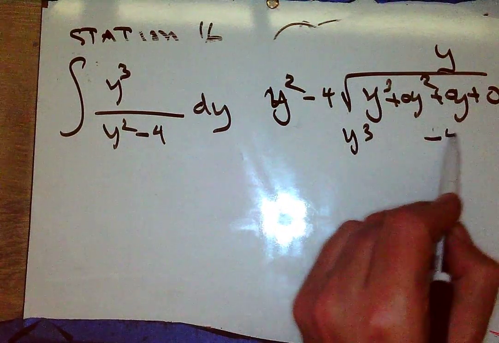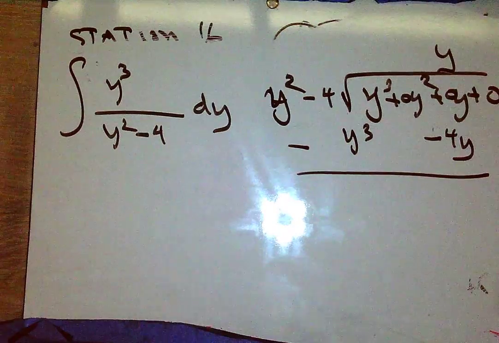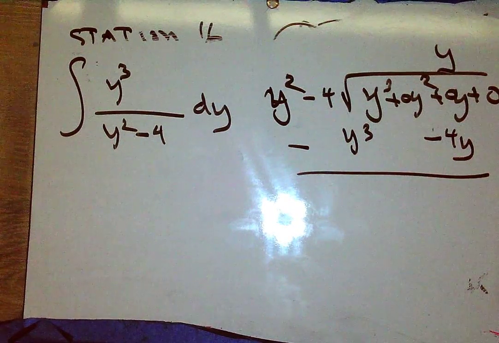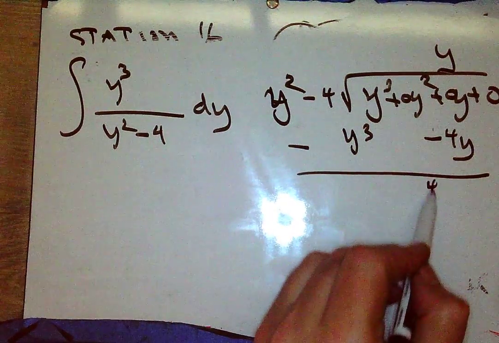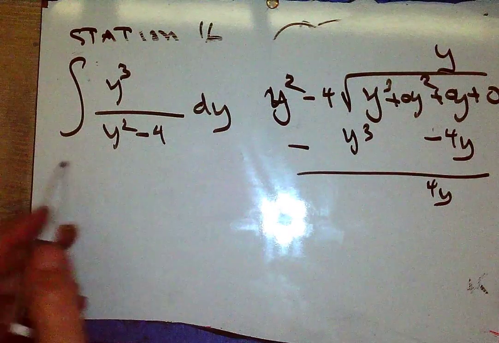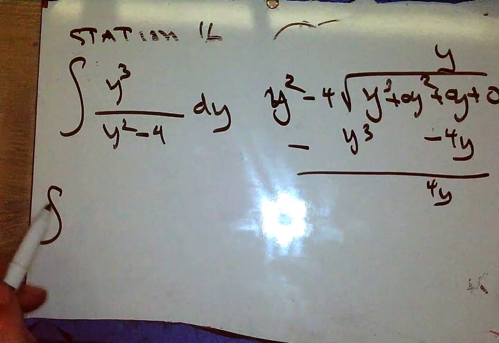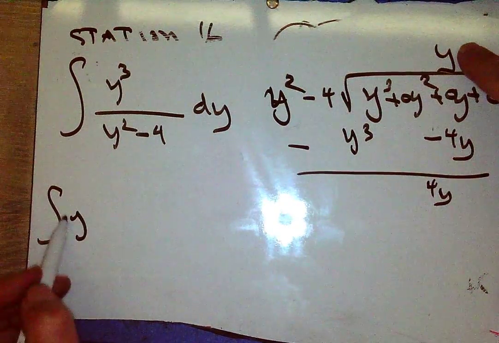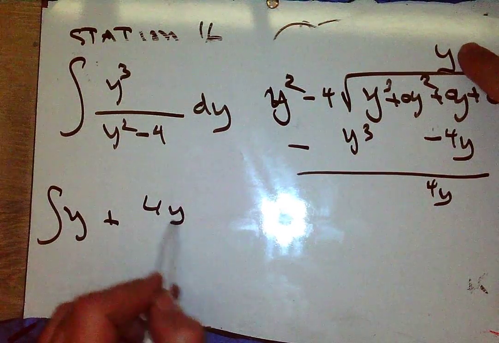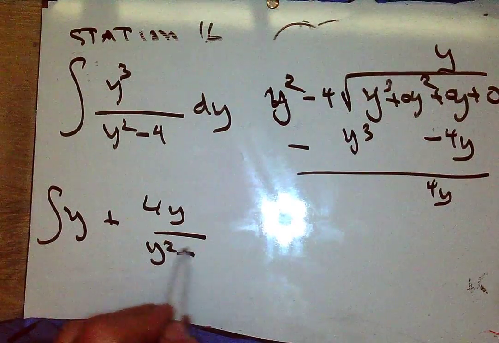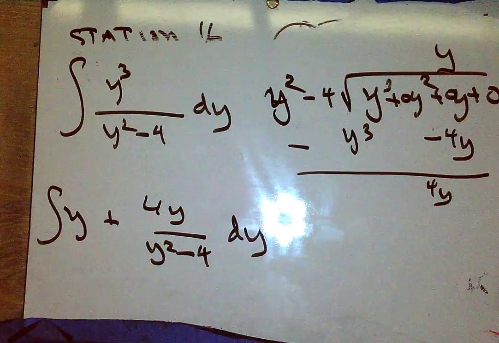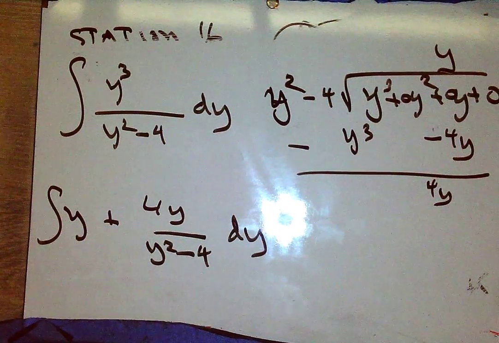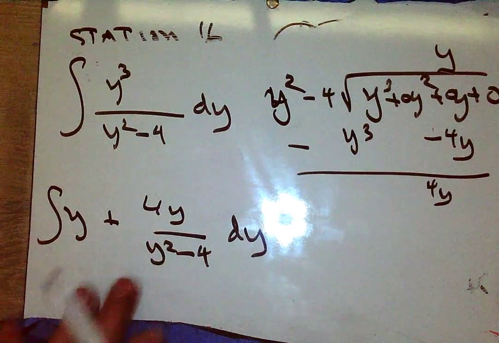Y to the third minus 4y and subtract. And so I get 4y as my remainder. So this thing that I couldn't integrate can become y plus 4y over y squared minus 4 dy. Well, that's great. I feel like I can handle both of those pieces.